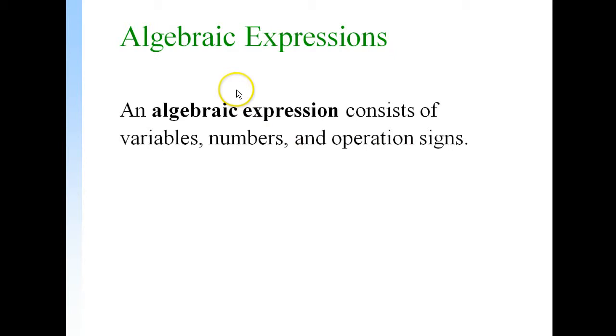Now, when we think of an algebraic expression, it would be a series of letters and numbers plus signs such as minus signs, plus signs, multiplication signs, division signs. These are algebraic expressions. And here are some examples.